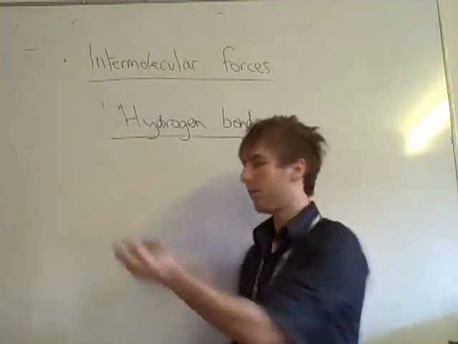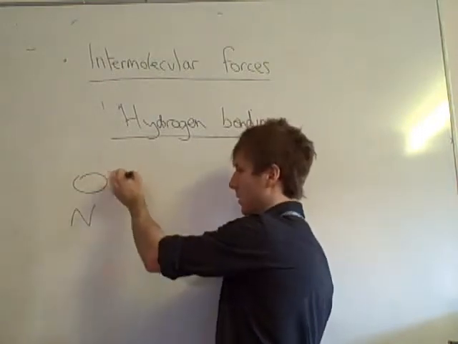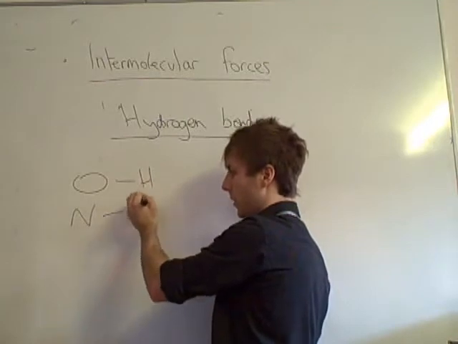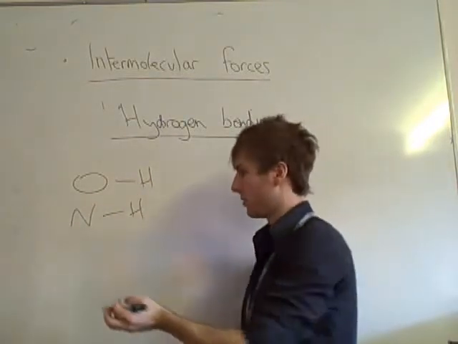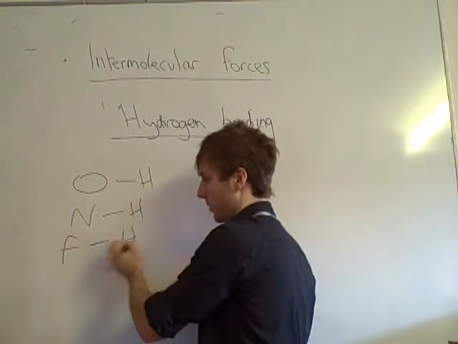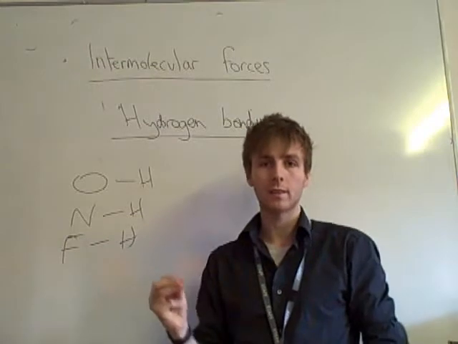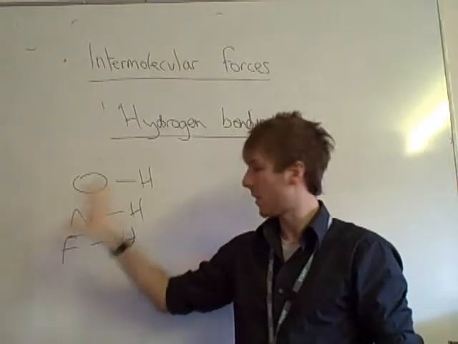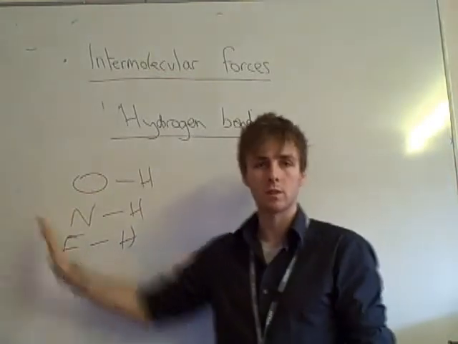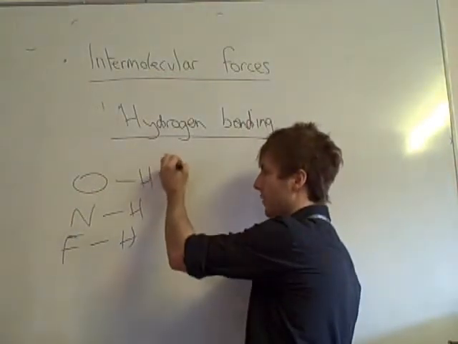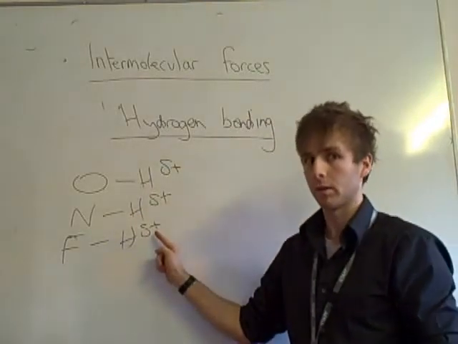And this is where we have an O or an N bonded to a H. Now when we have an O or an N bonded to a H, or technically you can have an F bonded to a H as well, because these things are so electronegative, O, N and F, they pull all the electrons away from hydrogen so much, this hydrogen is left positively polarised, but incredibly positively polarised.